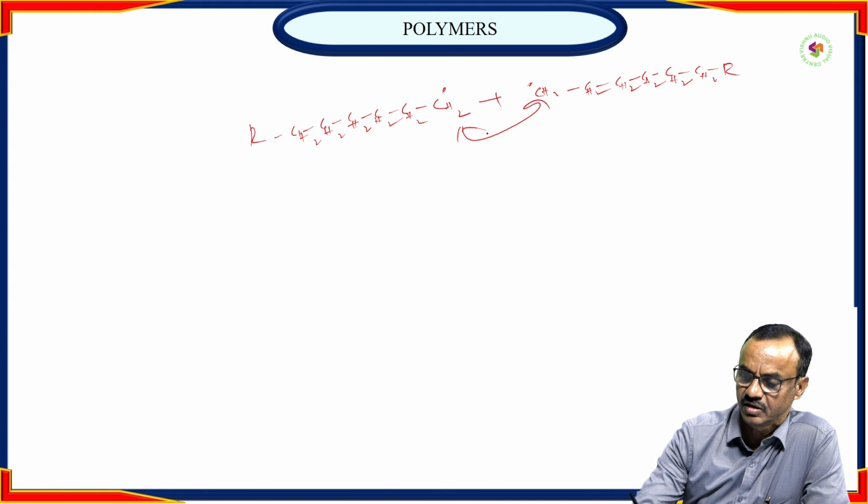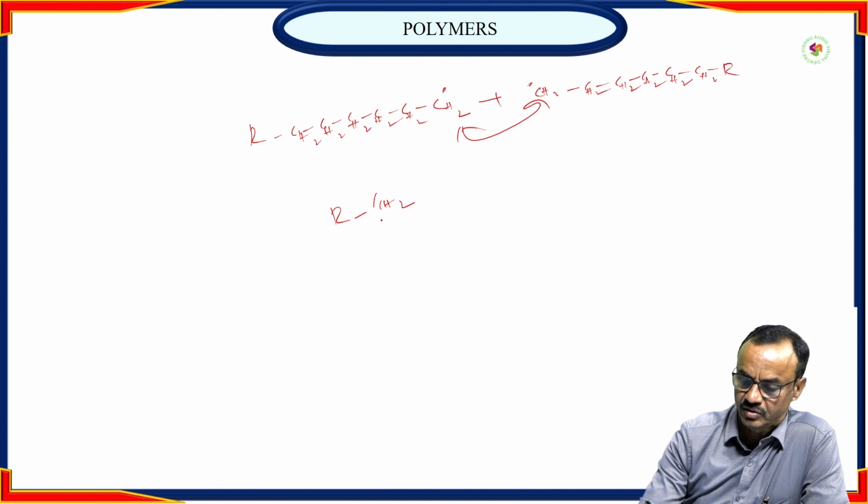They combine with each other. You will get a lengthy product, or CH2. How many are there? 1, 2, 3, 4, 6, 12 plus R, lengthy product.